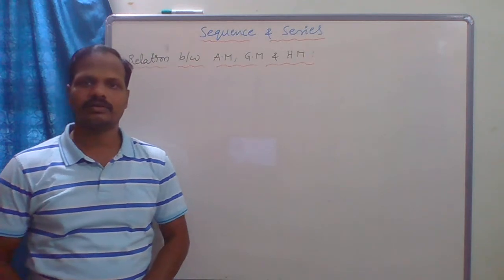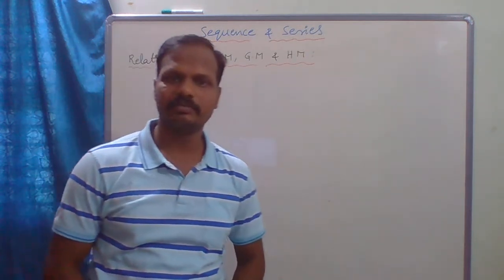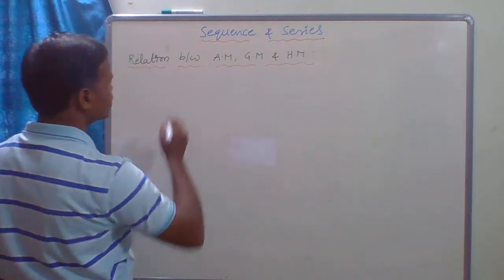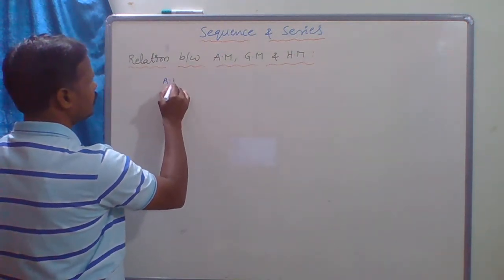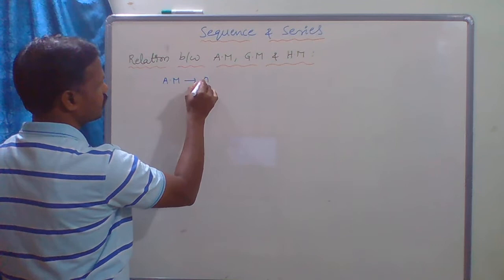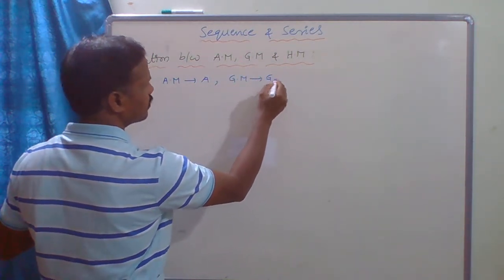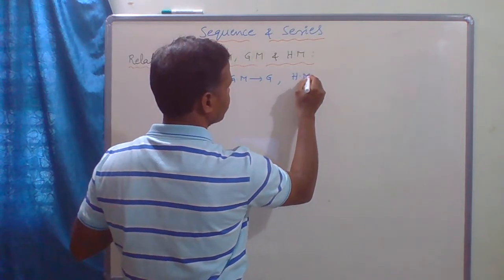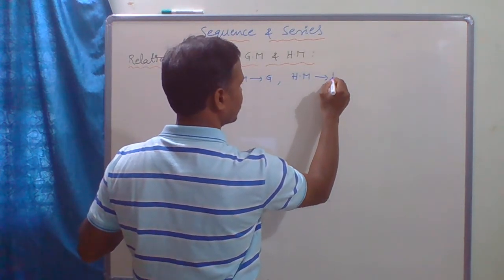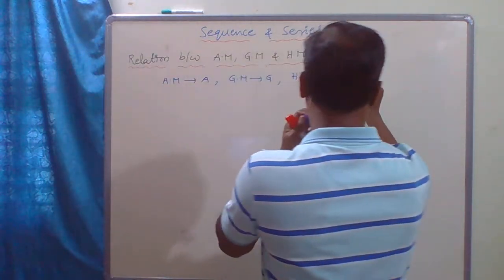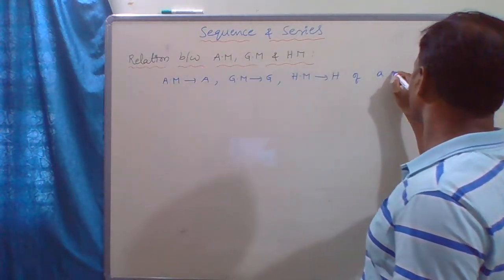Okay, now the relation between AM, GM and HM. Let us consider AM as A, GM as G, and HM as H of numbers a and b.